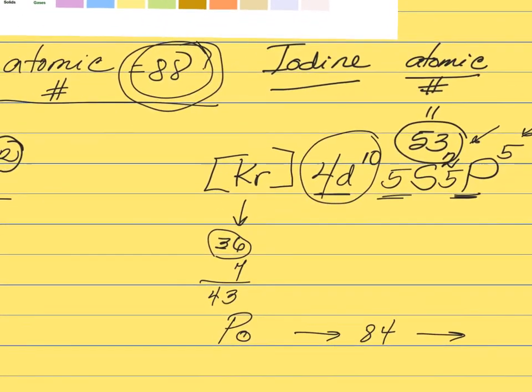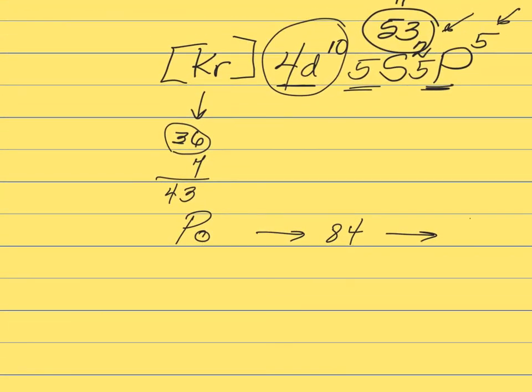So polonium is located in period 6, group 16, because it's a representative element. So I'm going to look at the noble gas that is in period 5. You need a periodic table for that. Xenon, atomic number equal to 54.